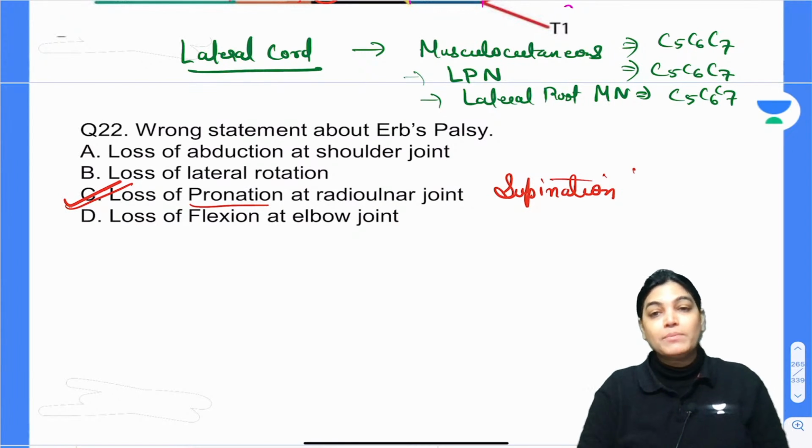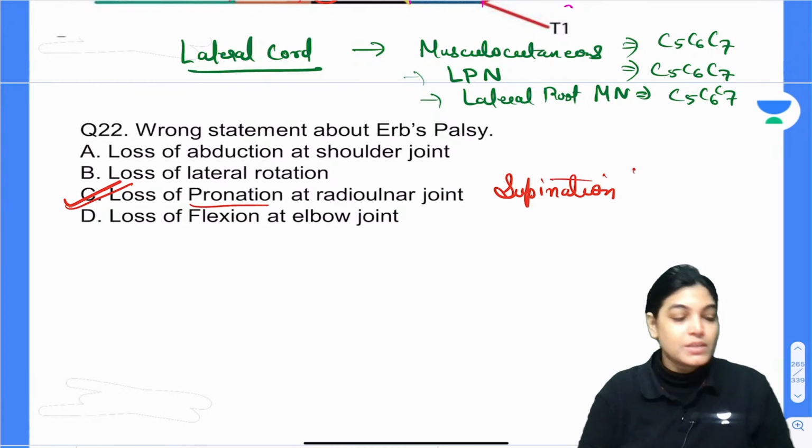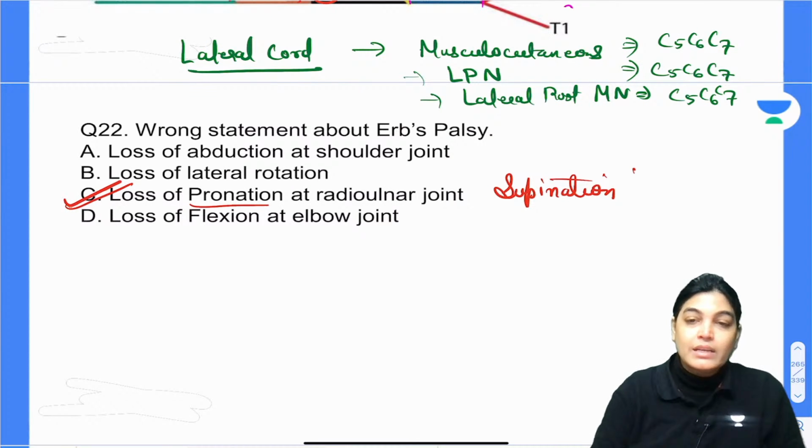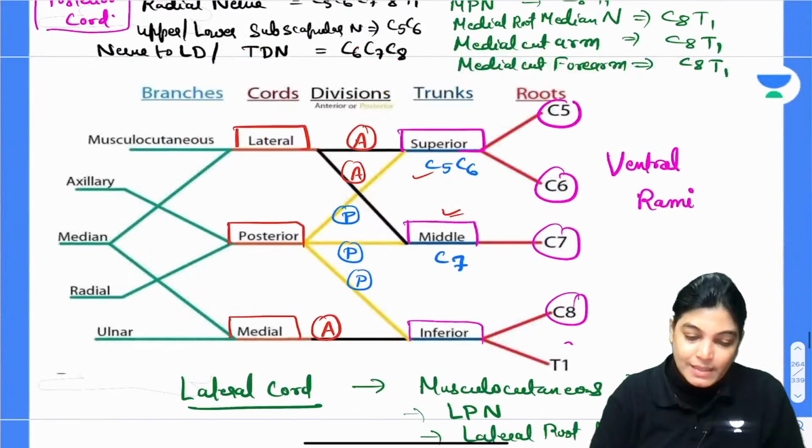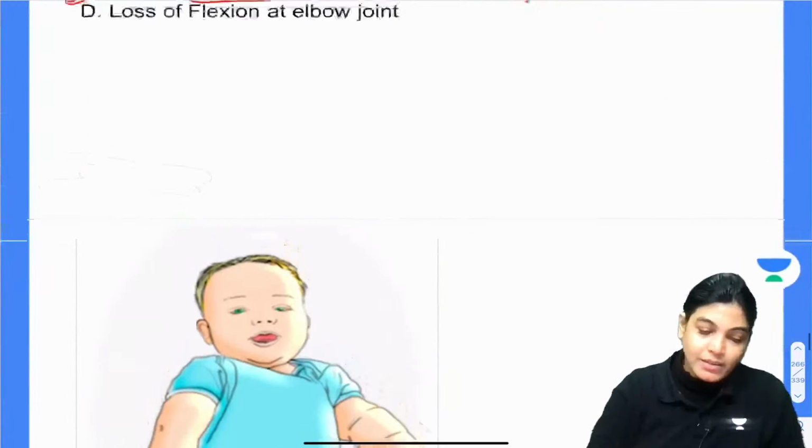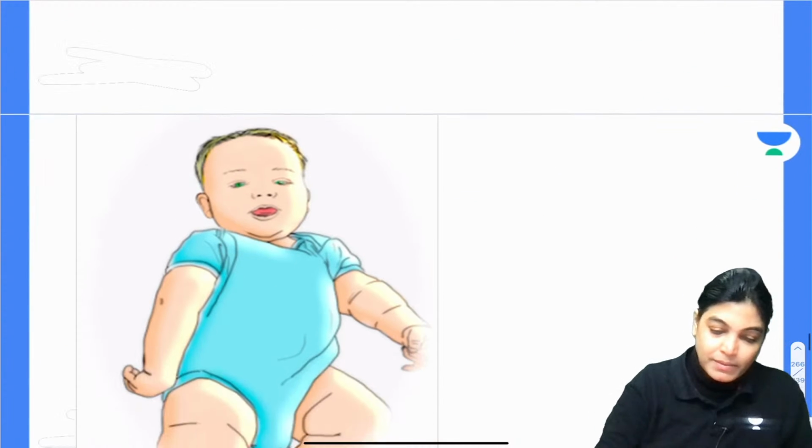When upper trunk of brachial plexus is injured, the nerve roots which are injured are C5 and C6. So, write down upper trunk of brachial plexus.